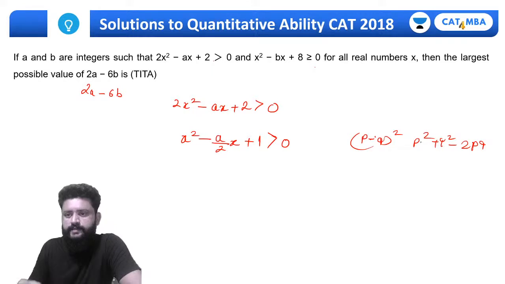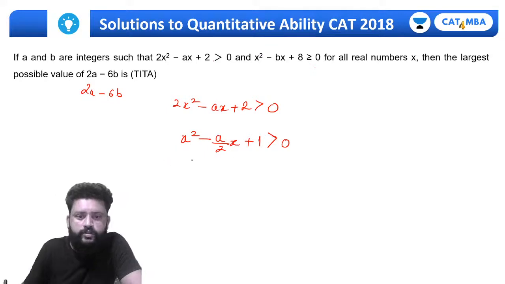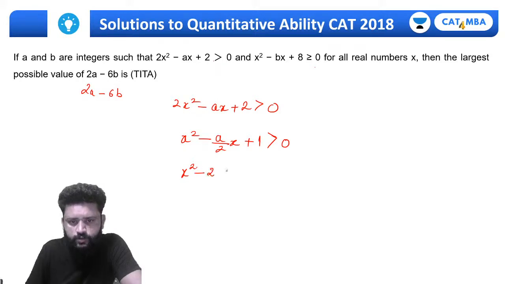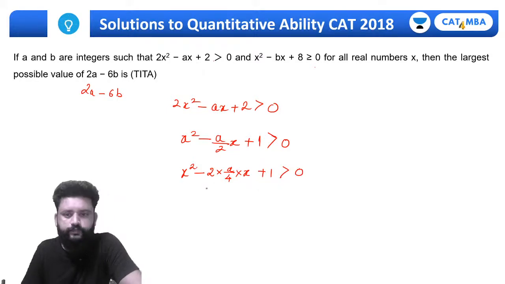Try to get it something like this so that I can write this as p minus q whole square. Okay, so let's try for this. This is x square now minus, I can write this as 2 into a by 4 into x plus 1 must be greater than 0.